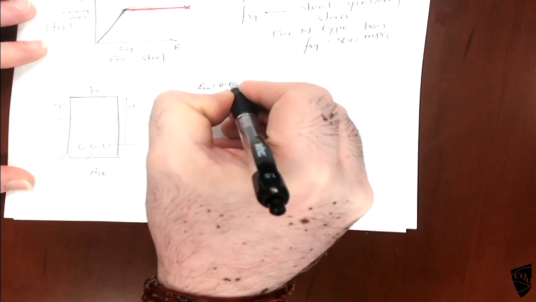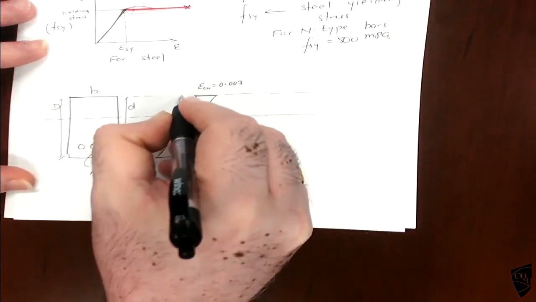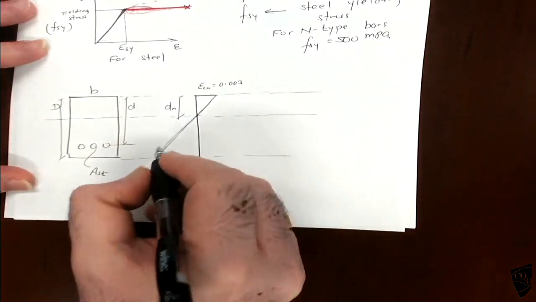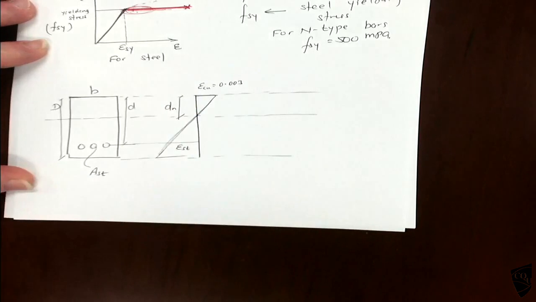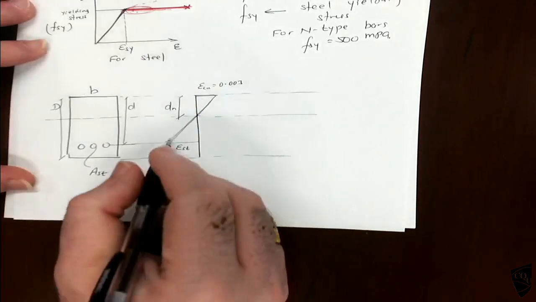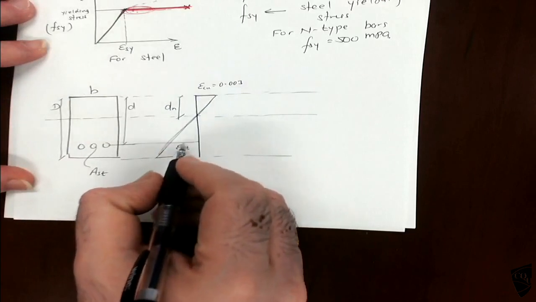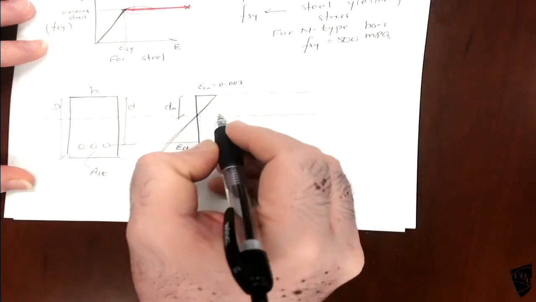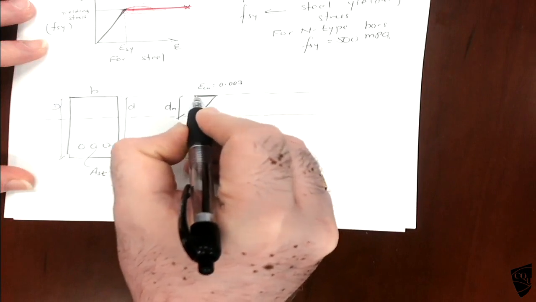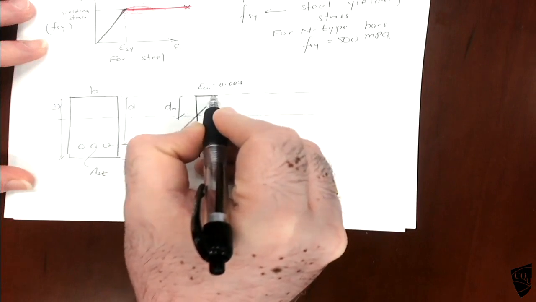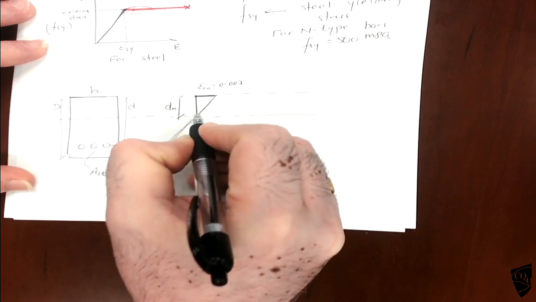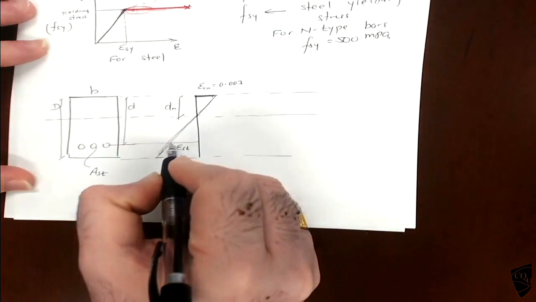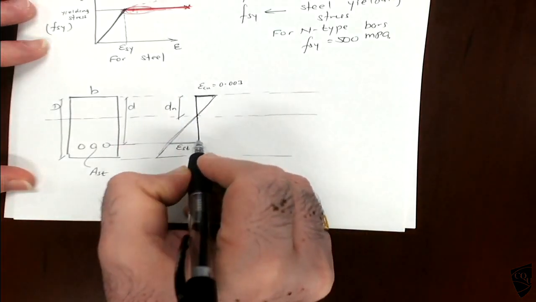So this is 0.003, this is dn, and the strain here is marked like this. You should be able to calculate the strain using similar triangles. The ratio between this and this should be equal to the ratio between this and this.